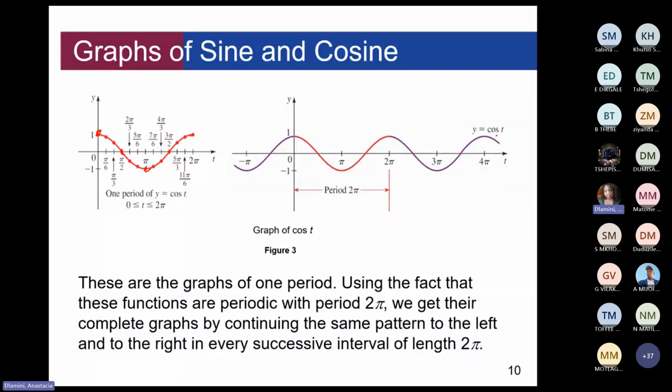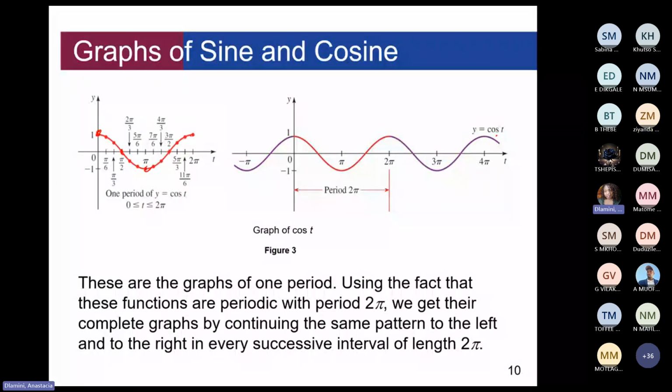Yes, that's the domain, because you are used to x and y, but here we are using t. Remember, our pi over 2, pi over 3, we're using t.